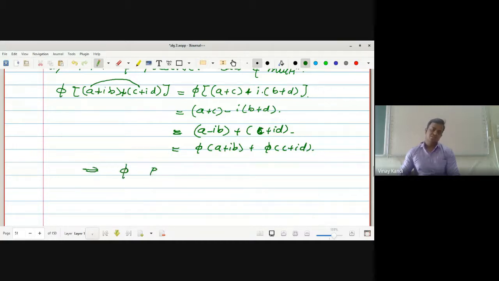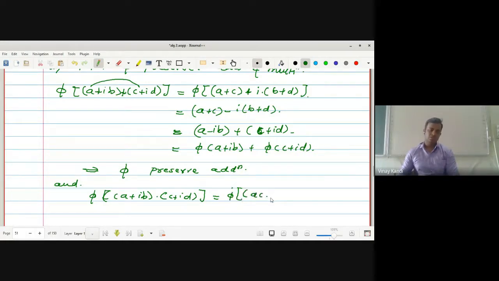So this implies phi preserves addition. Now phi of (A plus IB) into (C plus ID) is equal to phi of (AC minus BD) plus I times (AD plus BC), after the multiplication.